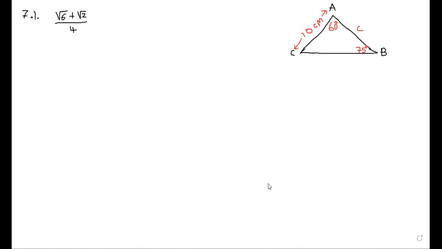Now, what is the sine rule? The sine rule says sine of angle A over side a is equal to sine of angle B over the side b, and it's also equal to the sine of angle C over the side c.